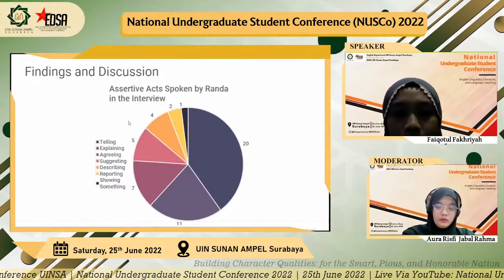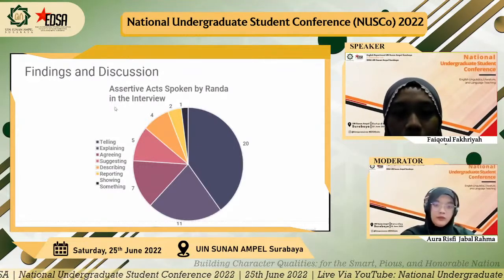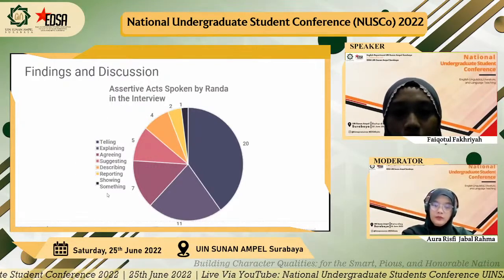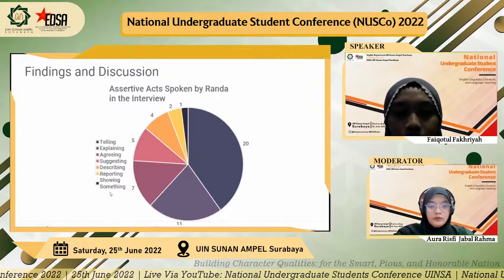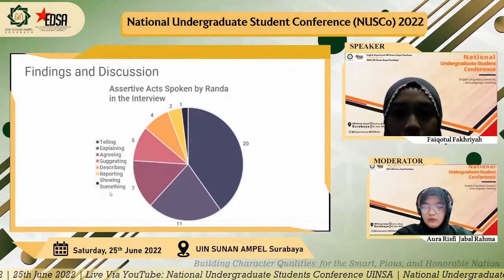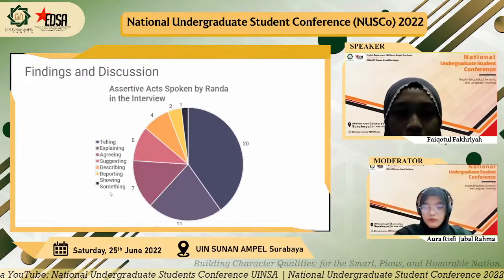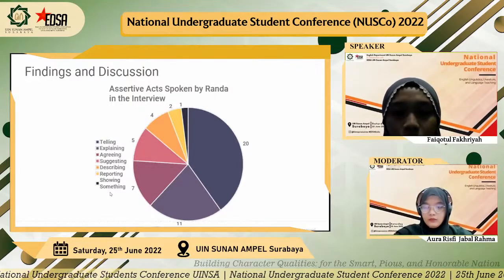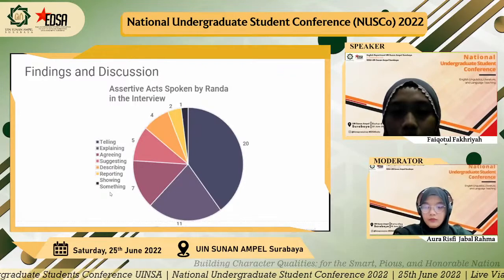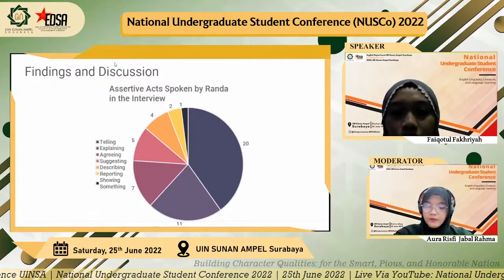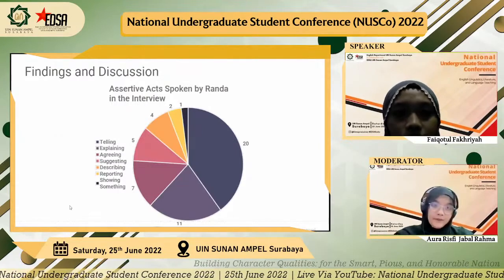And then by performing the showing something act, Randa points to one of her book covers, Does My Head Look Big in This, to show the first book she wrote, motivated by her wish for people to understand the challenge of Muslim faith, so that people will try to consider others' perspective before judging them.